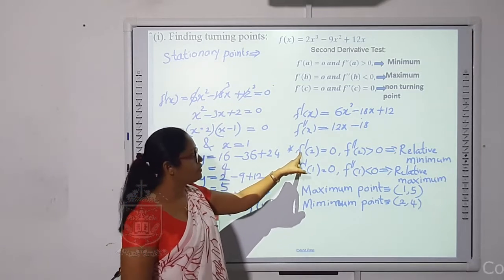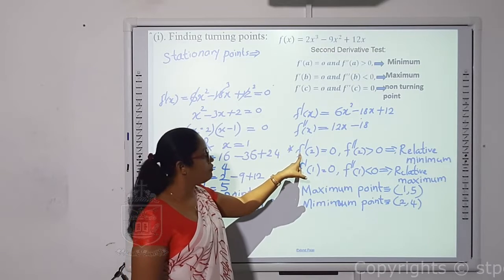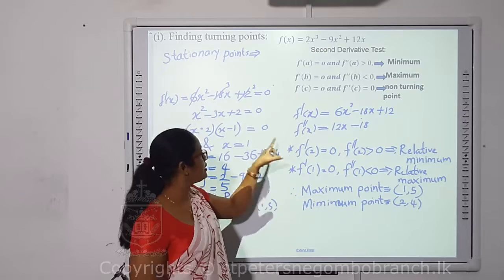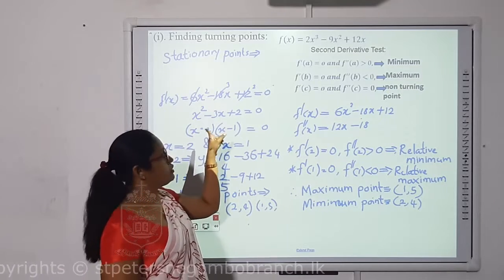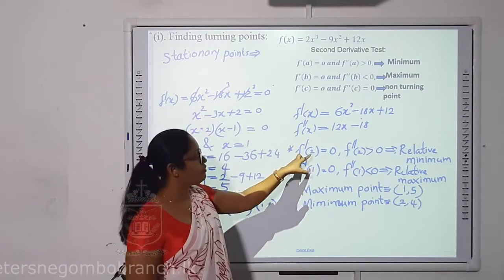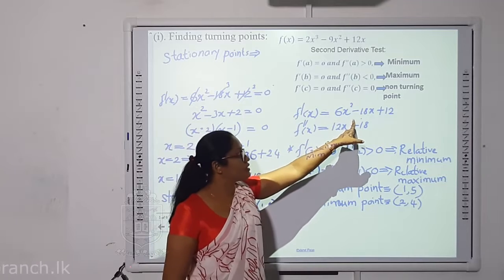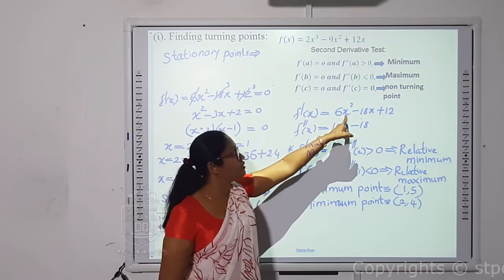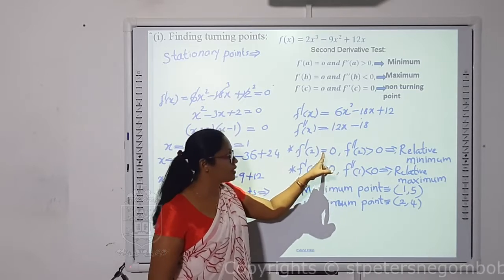So the first thing I have done here is find f dash 2, right? To find that, you can use these factors also. Anyway, you can use this function to find the value of f dash 2. Just put the value 2 into the function and you will get the answer 0, right?